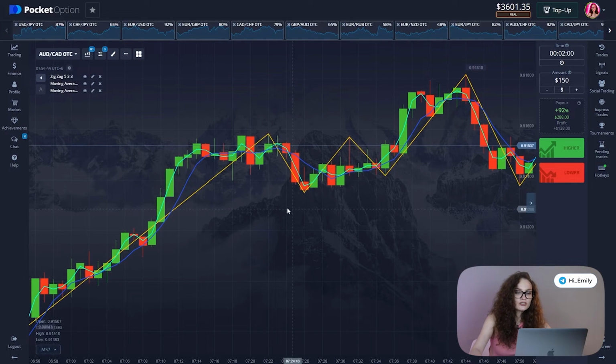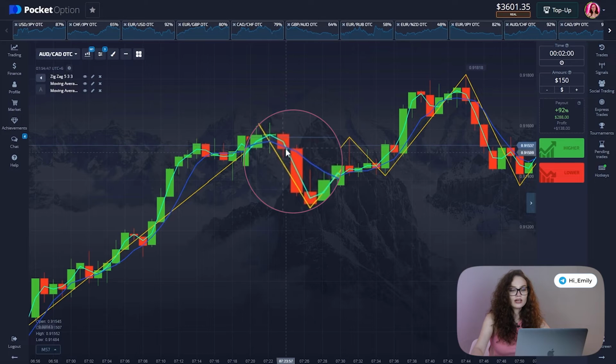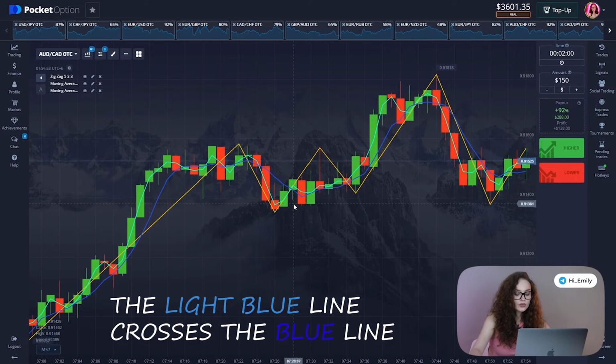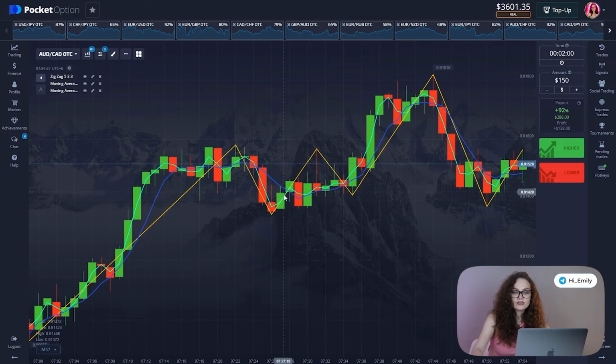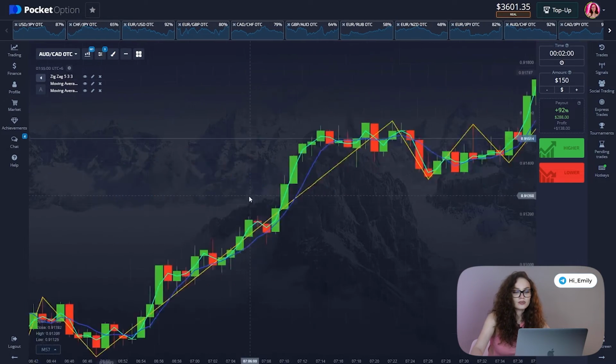So friends, how do we find the entry point in this strategy? Look, we first need to find the intersection of the 2 lines of the moving average indicators. Here, look, the light blue line crosses the blue line from the bottom up. And this is already for us the initial sign that we need to open a deal for higher.